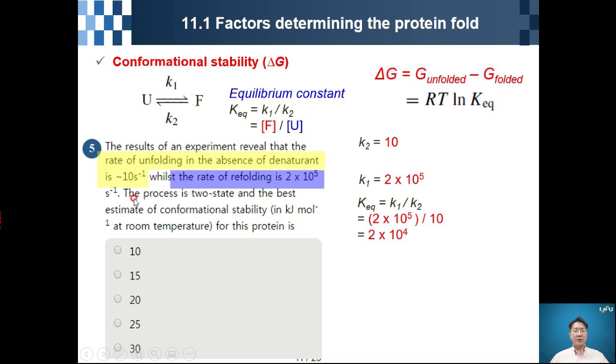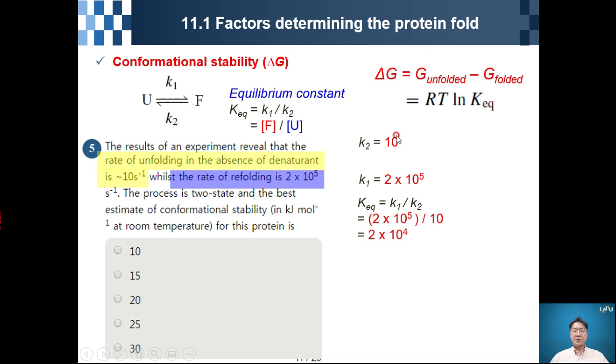The process is two-state, and this is the best estimate of conformational stability for this reaction. The temperature is room temperature, and we have to calculate delta G, the conformational stability.